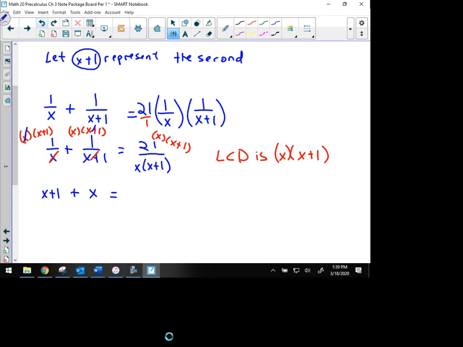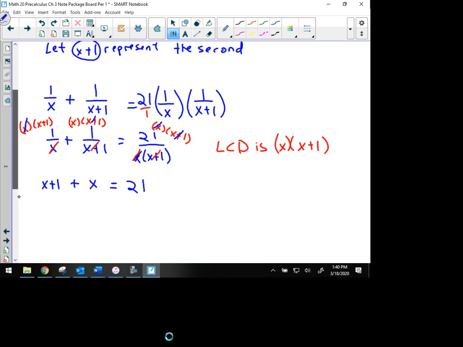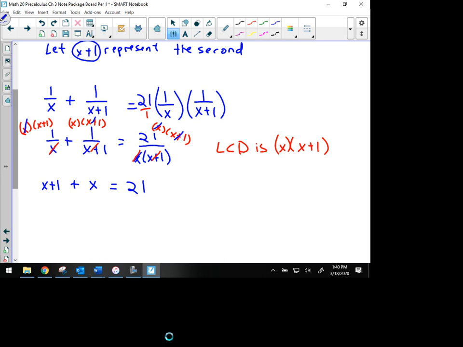And in the other side of the equation, the third expression, the x cancels, and the x plus 1. So we're left with 21. So we see that we have an equation now without any denominators, and we can use conventional methods of isolating x to solve.